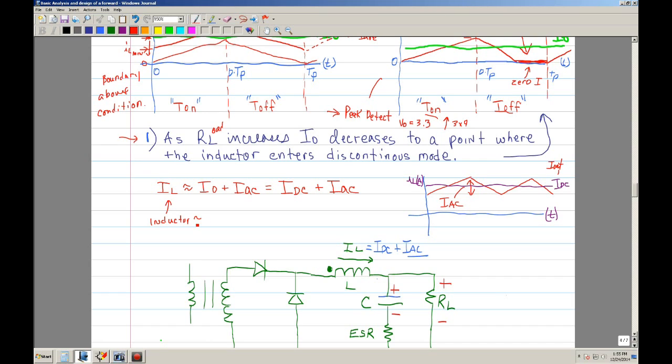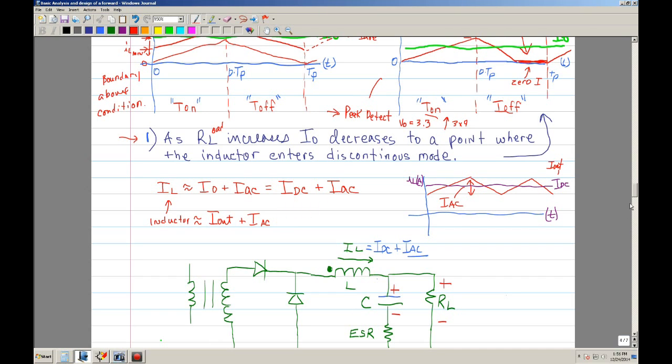Okay, so what I'll put is it's approximate. You can think of it as the Iout plus a current with an AC component. Okay, that's an AC component. So basically this ripple is your AC.